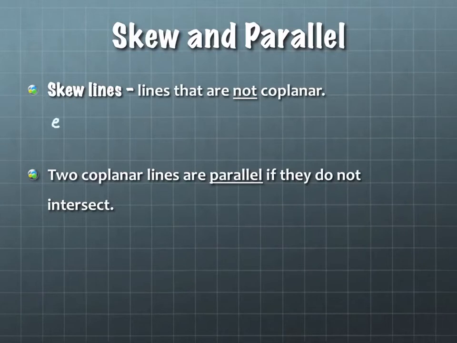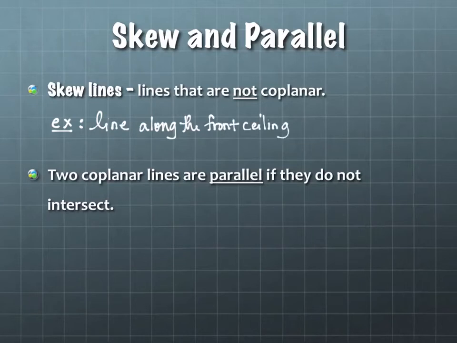So let me give you a visual example again, classroom-wise, and I'll write this one in. If you take the line along the front ceiling, the one I told you about before, behind me, and the line along the side with the door.